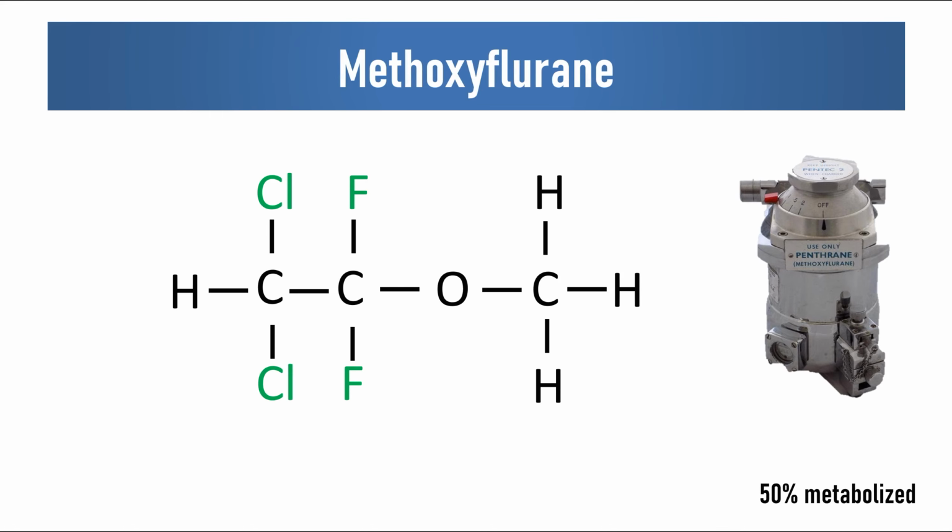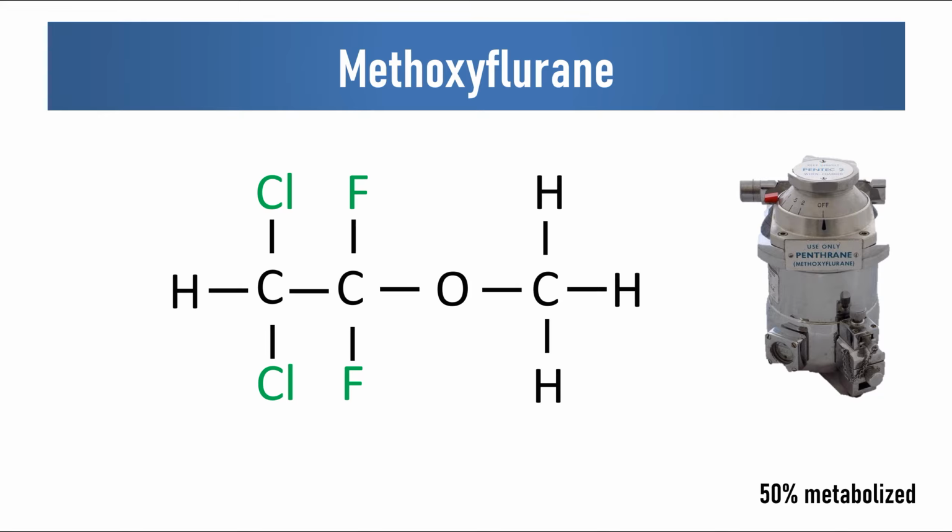The first agent to be released commercially was methoxyflurane, and this was a significant upgrade from ether and perhaps from the other agents that were available at the same time, dichloroethylene or cyclopropane, in that it was non-flammable and non-irritant to the airways. Over time, anesthesiologists discovered a hidden problem.